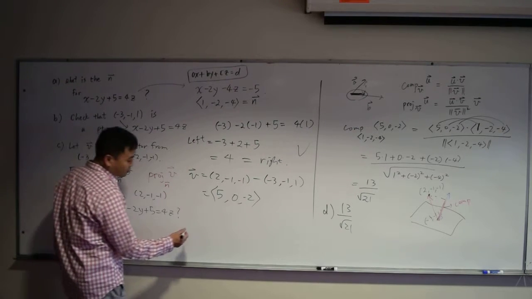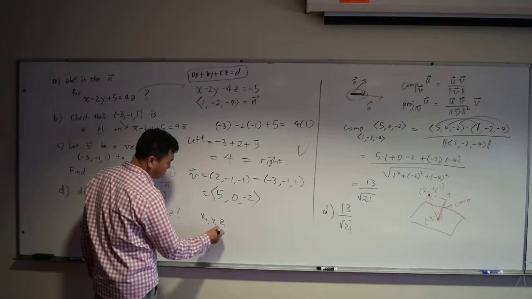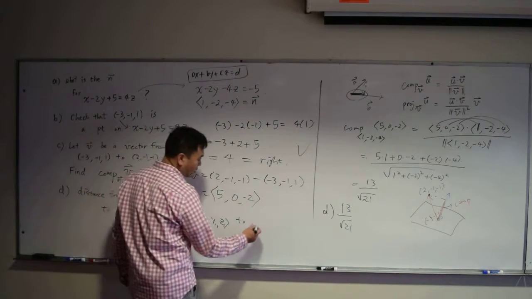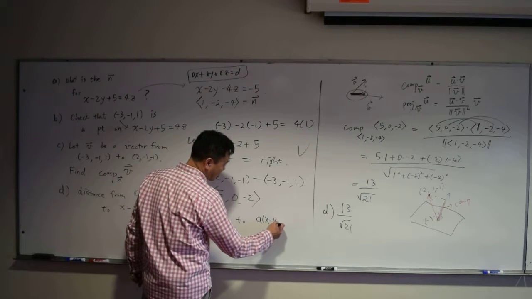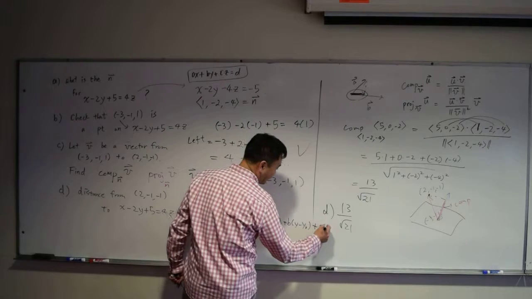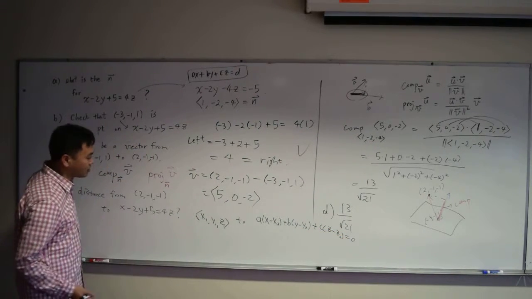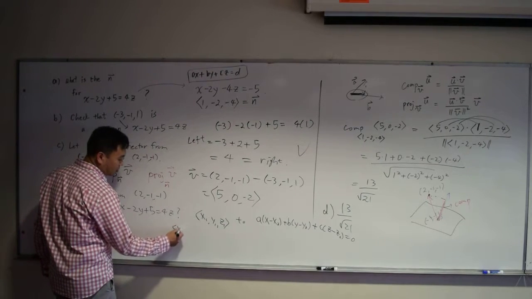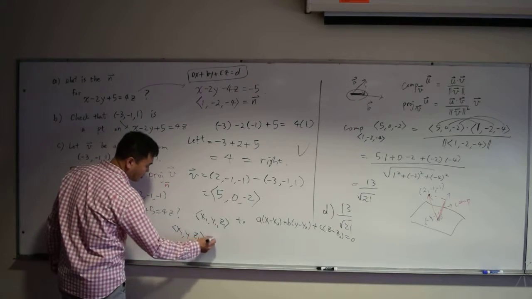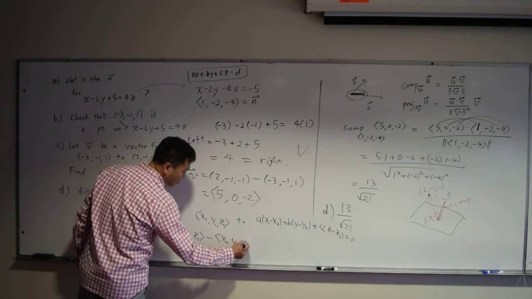Okay? I think I gave you the formula that if you want the distance from, say, (x1, y1, z1) to a(x minus x naught) plus b(y minus y naught) plus c(z minus z naught) equal to 0. The way you do it is, first take the difference between this one and this.